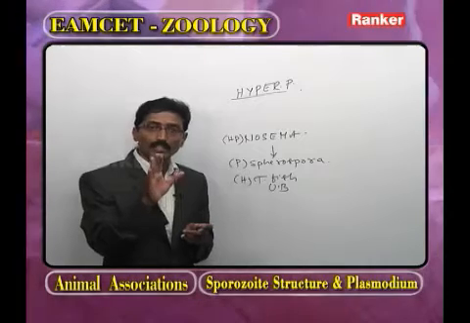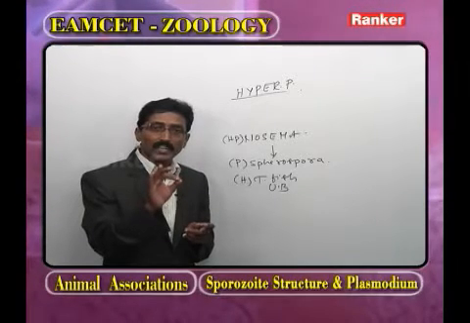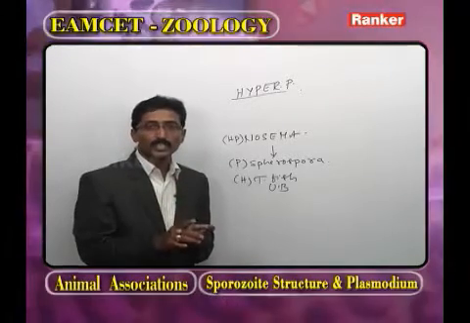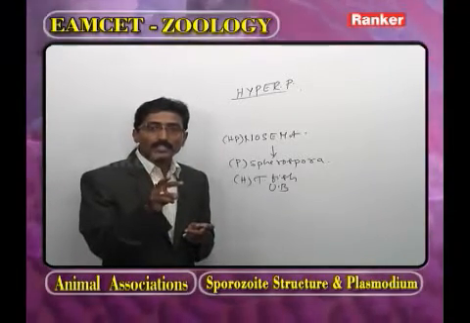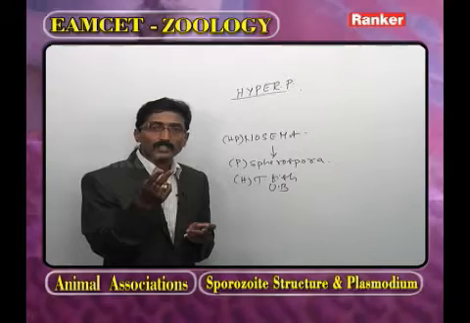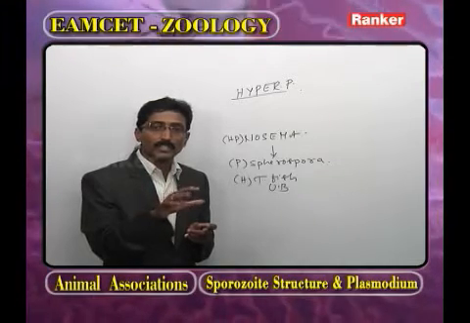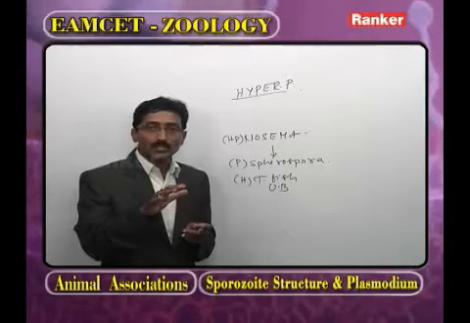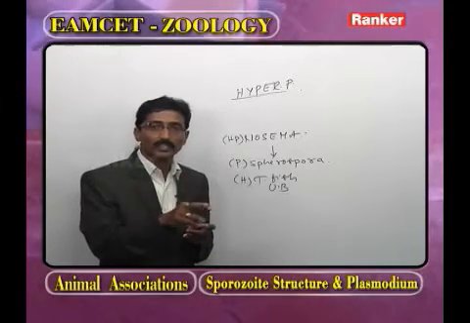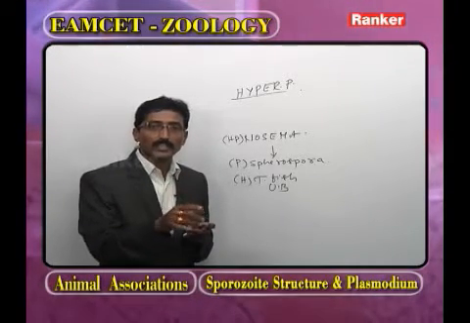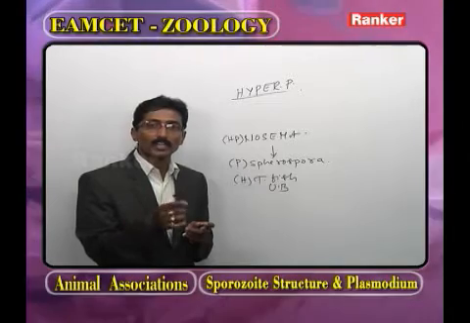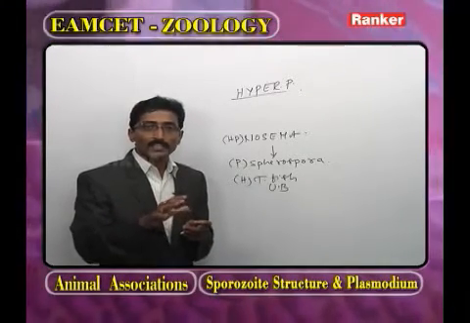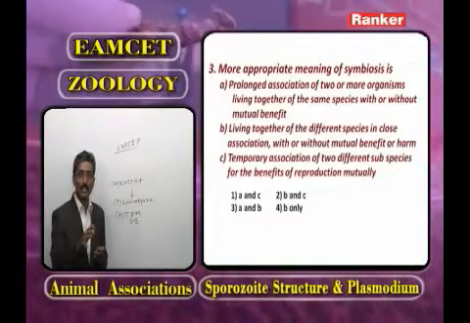No doubt one organism is a beneficiary, and the second almost always gets harmed. So here, what is meant by symbiosis? Two organisms belonging to different species live together for a prolonged period. In this association, both may benefit, or one benefits and the second is neither benefited nor harmed, or one benefits and the second gets harmed.